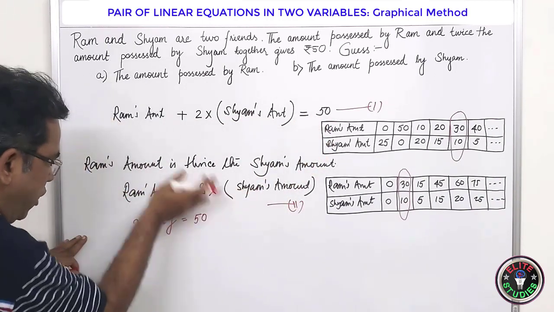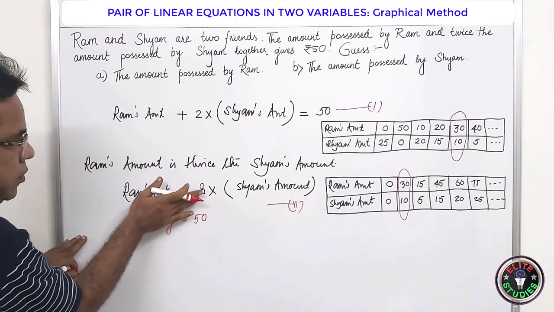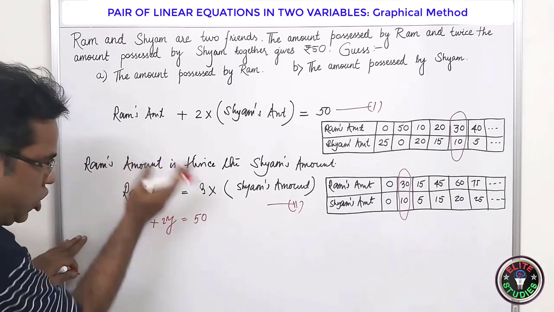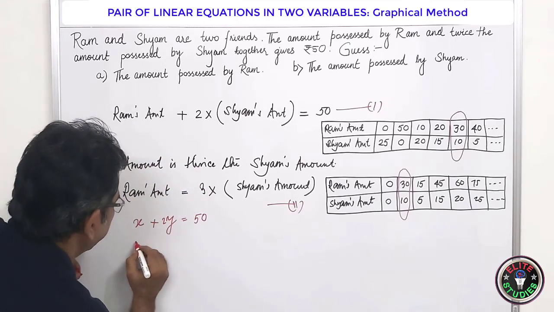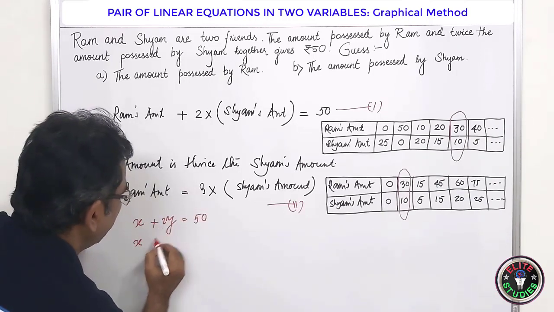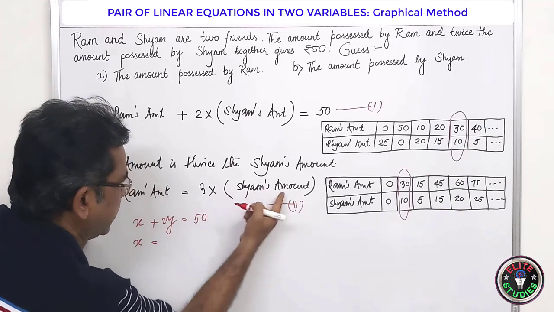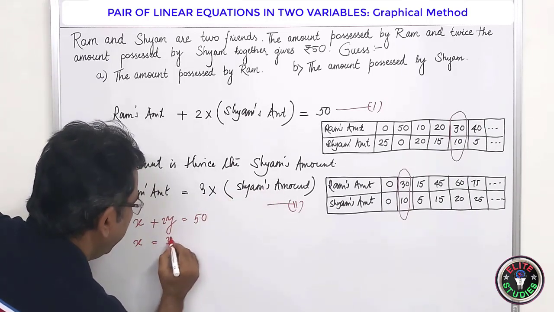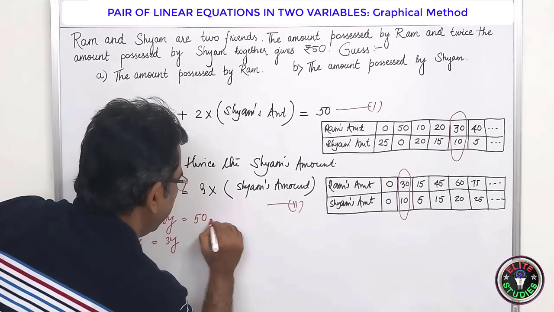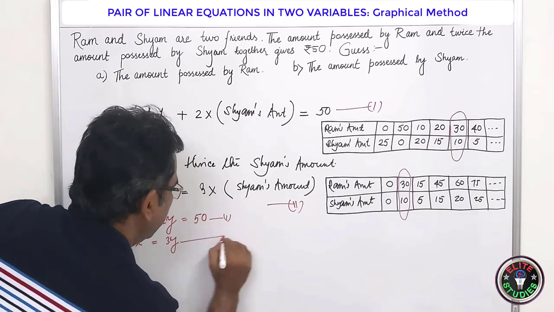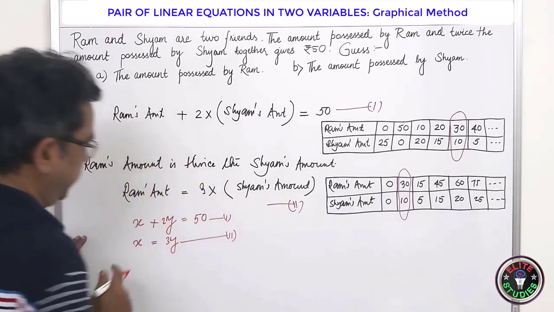And here again, if you transform this into a mathematical statement, then Ram's amount, which you have considered as x, is equal to 3y, since Sam's amount is y. So this is equation 1 and this is equation 2.